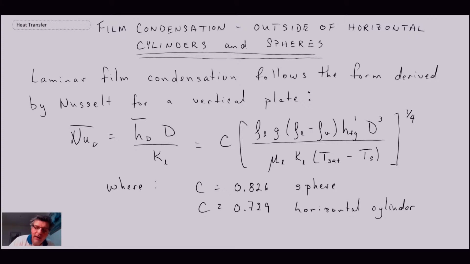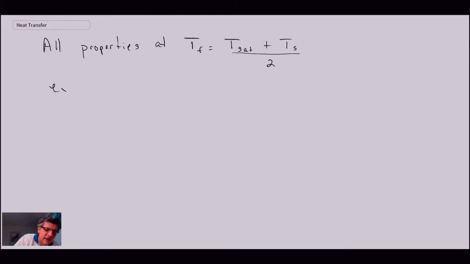And again, we have a modified latent heat of vaporization. That's the one that is corrected using the specific heat of the liquid. And the properties that are evaluated, all properties are at the film temperature, with the exception of the density of the vapor and the heat of vaporization, which will be evaluated at the saturation temperature.